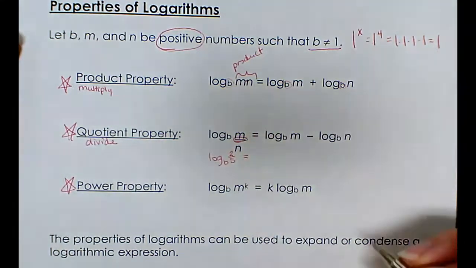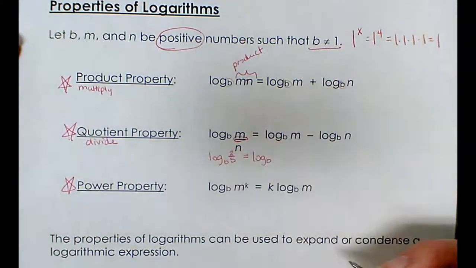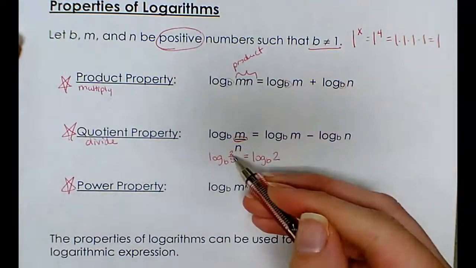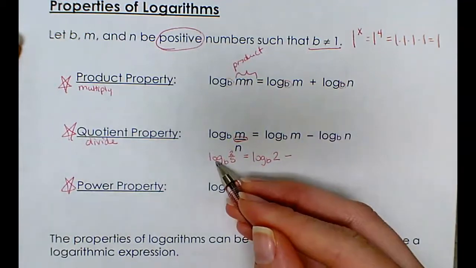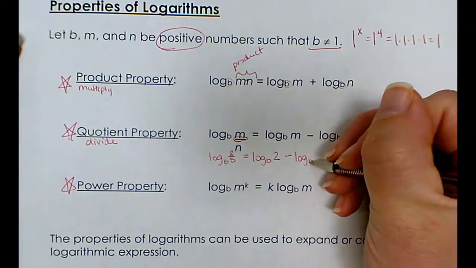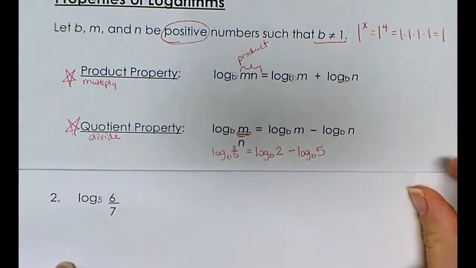I would rewrite this with the same log base b, so log base b of the numerator, 2. And since this is division, I'm going to subtract in the expanded form the same log base b now of the denominator. So this is what the quotient property looks like. So I'm going to move to example 2 on the second page.